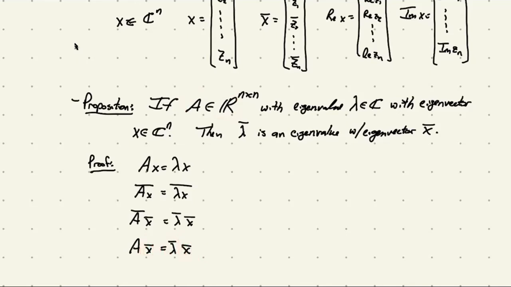Okay. So really what this says is that complex eigenvalues and eigenvectors come in conjugate pairs.